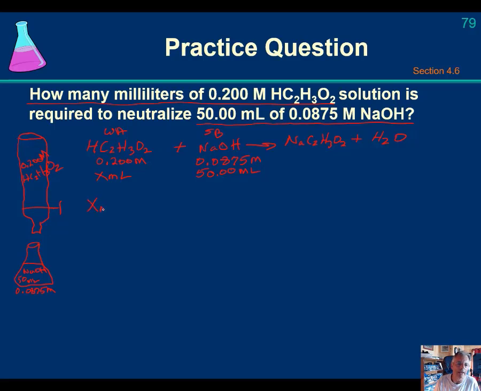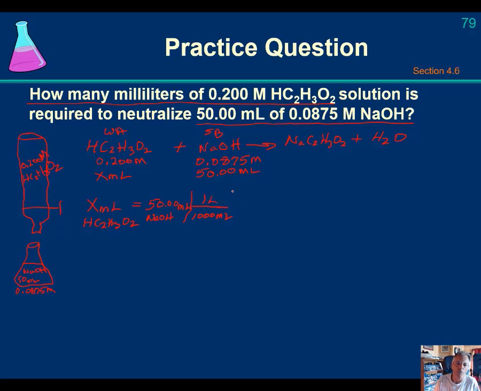So that's going to be X milliliters, and in this case of HC2H3O2 is equal, and what goes on the other side of the equal sign is the volume of the other stuff, because remember, we're operating on the principle that volume times molarity will give us moles. So this is going to be 50.00 milliliters, and remembering this is the NaOH, we're going to go ahead and convert milliliters to liters by dividing by 1,000.